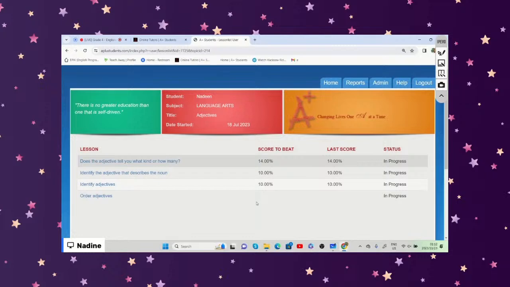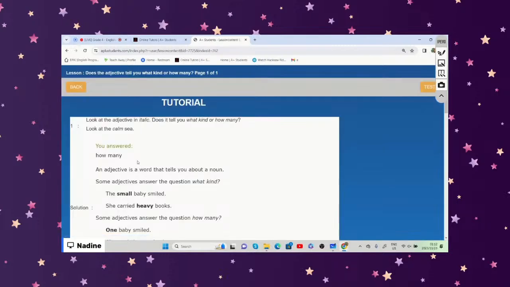And we see that we are focusing on two of the lessons, that is, does the adjective tell you what kind or how many, and we're going to identify adjectives that describe the noun. So let's go into, does the adjective tell us what kind or how many?